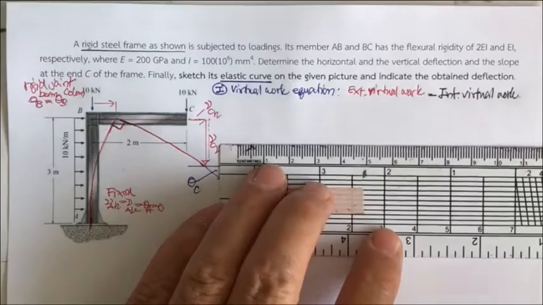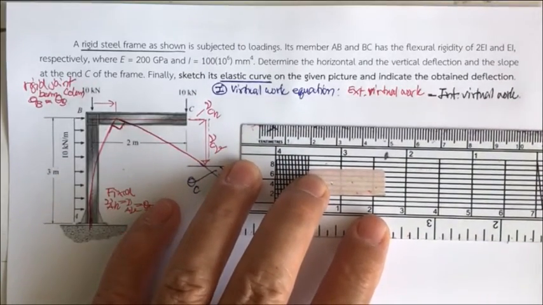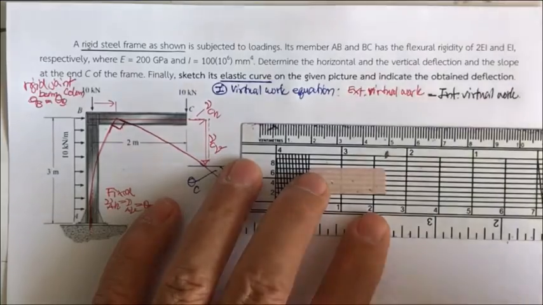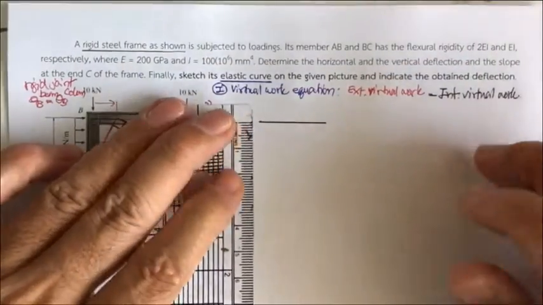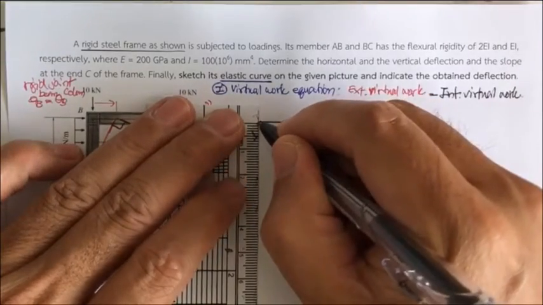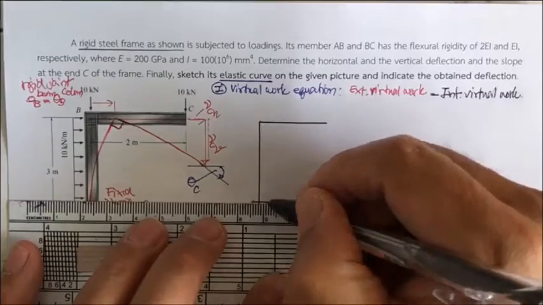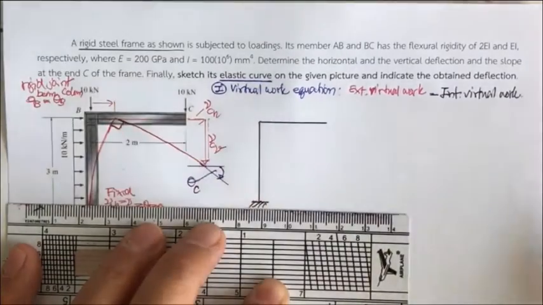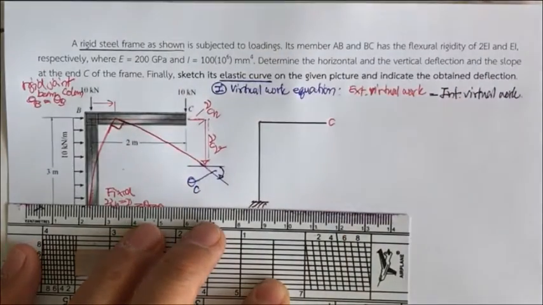So where is the external virtual work? You can determine the external virtual work by putting the assumed unit load to the point where you are looking for the deformation. Now we consider point C.